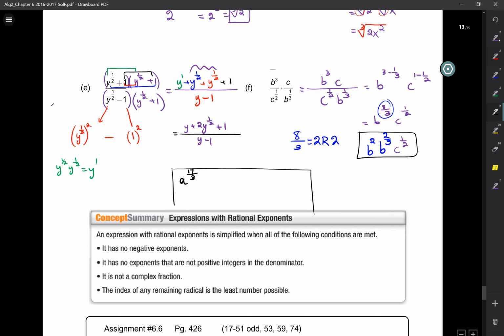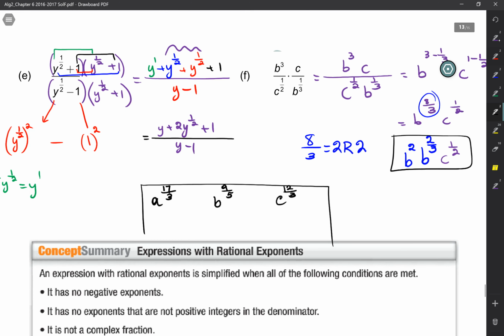And I want you to simplify b to the power of 9 over 5. And I want you to simplify c to the power of 12 over 3. All right? So 17 over 3, 9 over 5, 12 over 3. And I'll pause this for a few minutes.